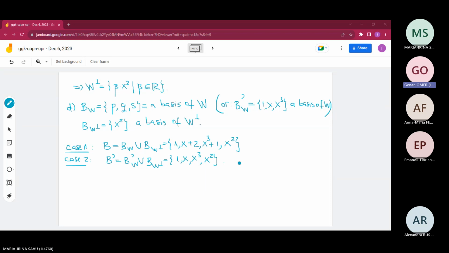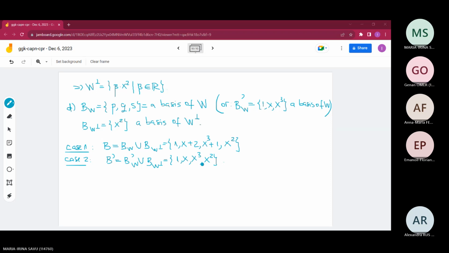The second one, exactly. Actually, what kind of basis do we have here? It is the canonical basis. And are the polynomials in this basis orthogonal?